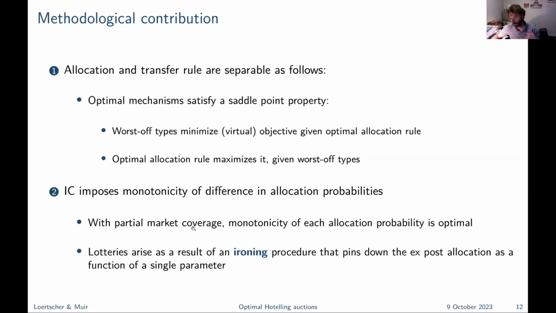And in the problem that we study in the paper as well, but that I shall not talk about more for the rest of this presentation, if you have partial market coverage, then it is without loss of generality to look at mechanisms such that individually these probabilities are monotone. And the lotteries that arise as a result of ironing pin down the ex post allocation as a function of a single parameter.